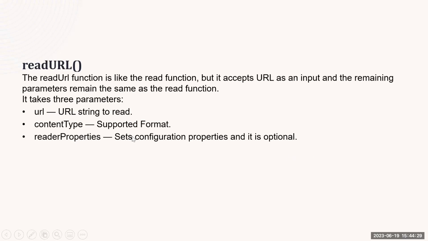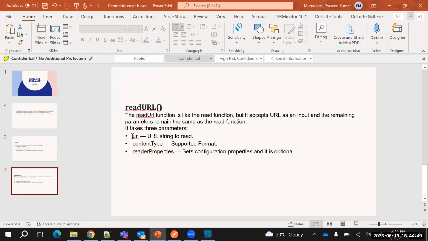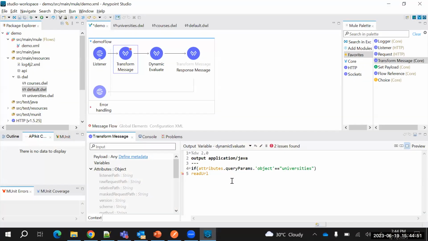Now, when it comes to readUrl, this is very similar to the read function, but it accepts a URL as an input. The remaining params remain the same. There we saw string, here the only difference is URL, and the other two params are content type and reader properties. Now let's get into the code.